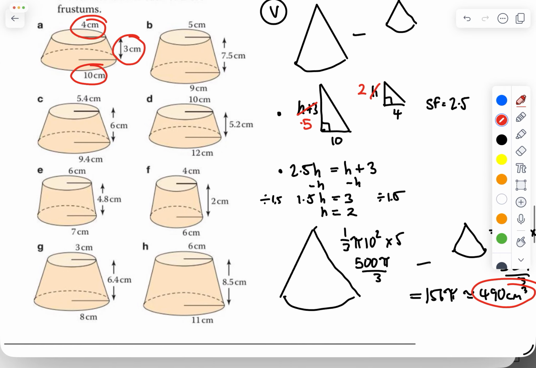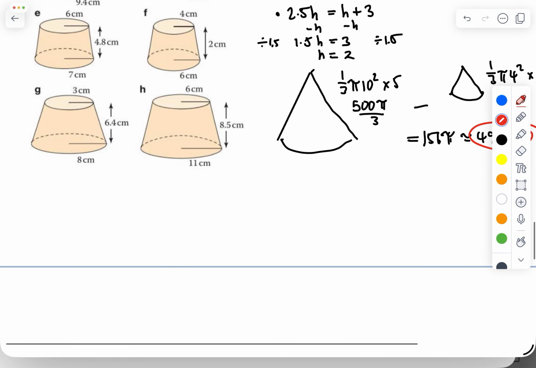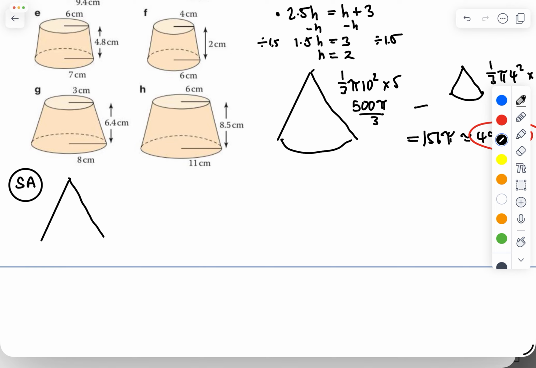Okay, now if we're going to do surface area. So surface area, same thing. It's exactly the same idea. I'm going to take my big cone. I'm going to subtract the part of the cone that's been cut off.